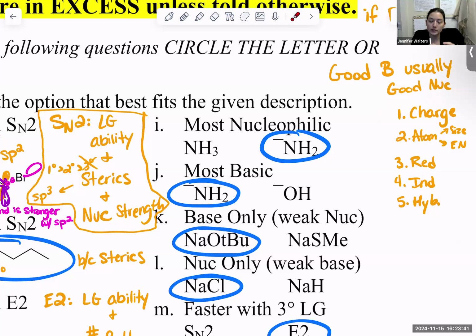If you're in the same row, you use electronegativity. The less electronegative atom is going to be the one that's more basic. So nitrogen is less electronegative, which makes it the better base than oxygen. That's just saying that the electrons are essentially farther from the nucleus. They're not being pulled in as tightly, so they're going to be farther out.